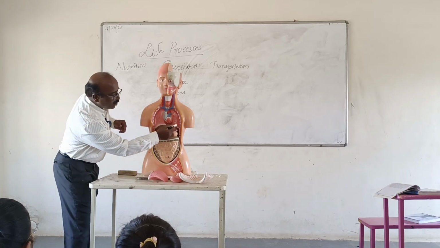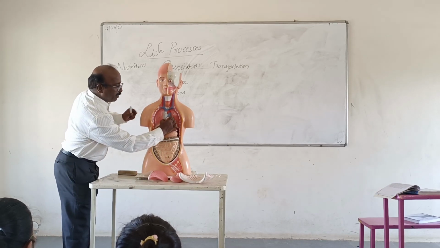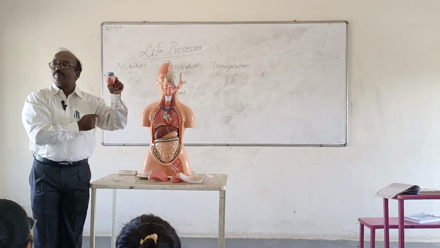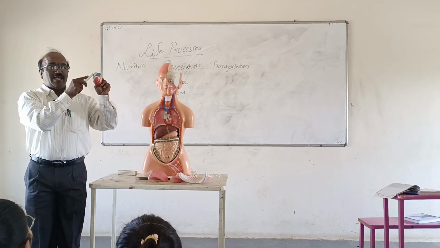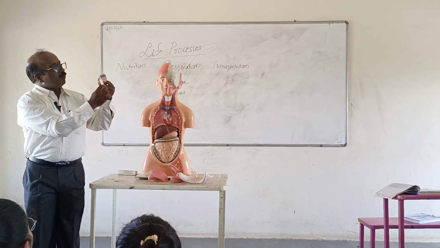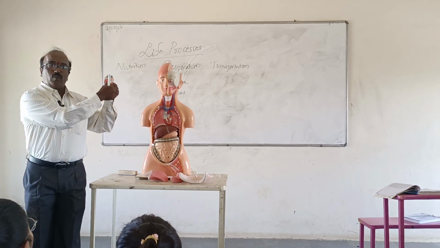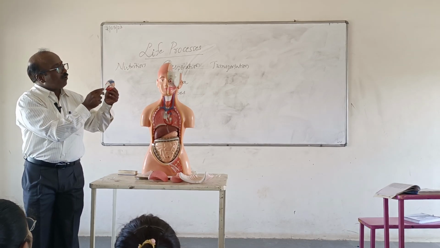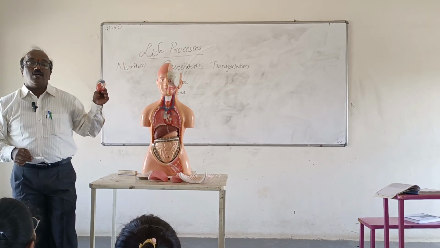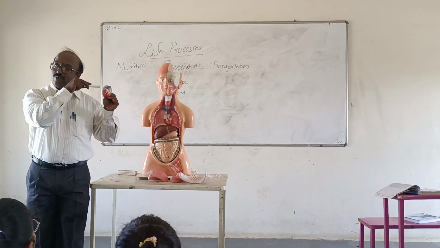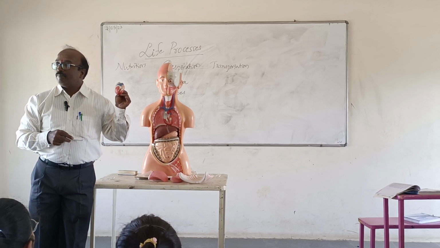Now this is the right atrium, the left atrium, and down here you have the left ventricle and the right ventricle. You can see the small blood vessels here. These are coronary blood vessels, the blood vessels that supply blood to the heart for its functioning.